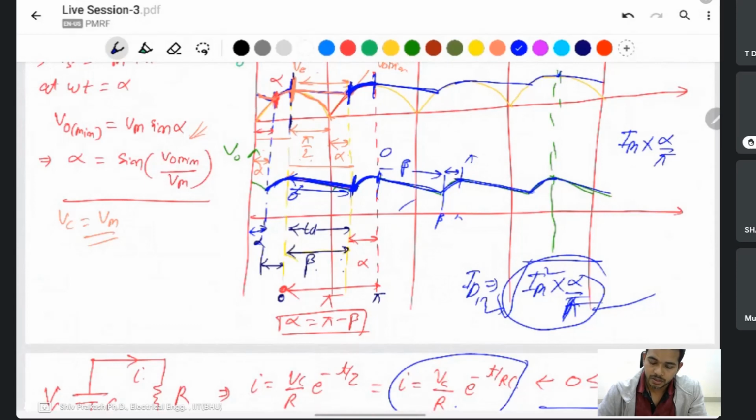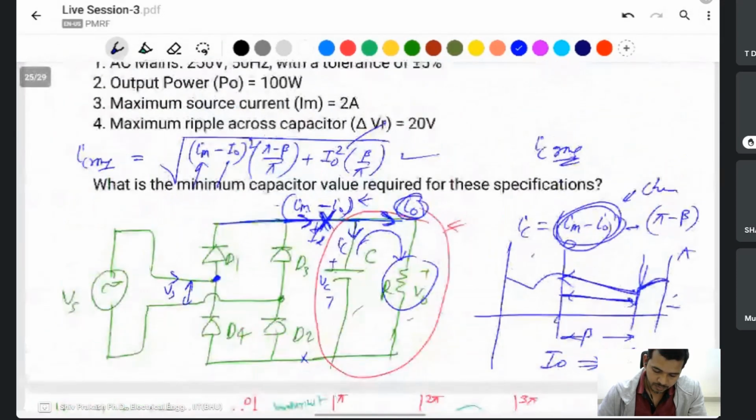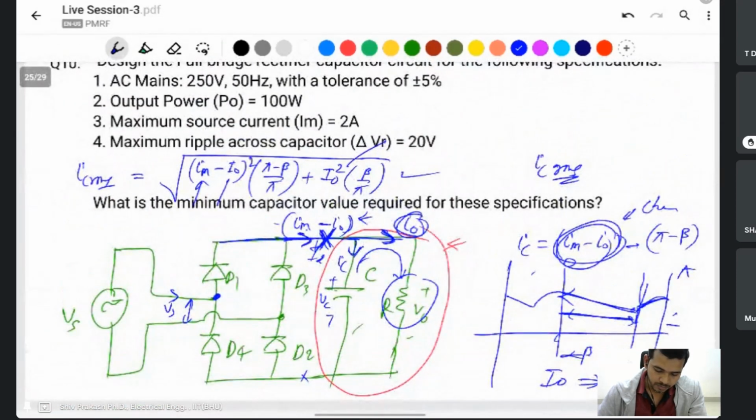Yes, sir. Can we calculate the RMS value simply? Im is the peak value, RMS we know, Im into alpha upon pi, IRMS into alpha upon pi during that charging period. This is not given; the maximum source current is Im. This is a peak current.